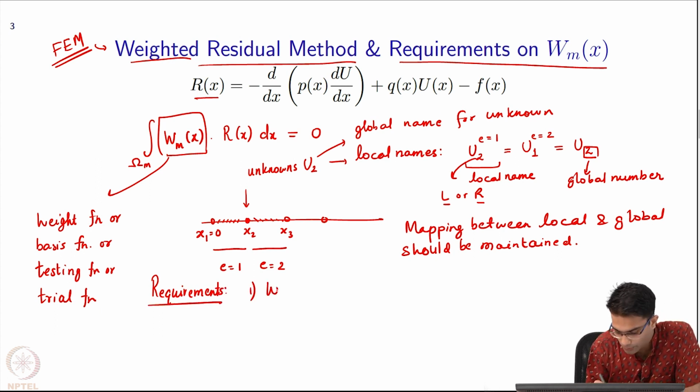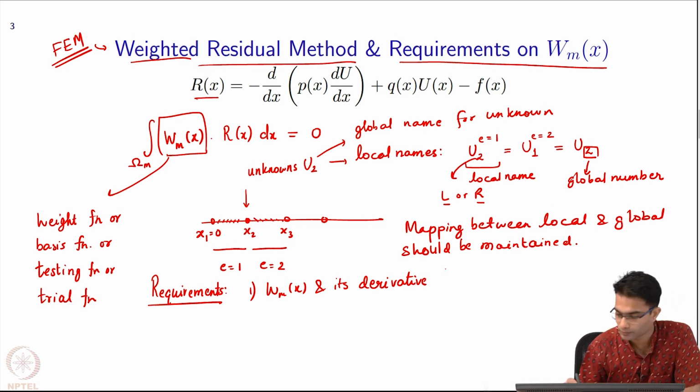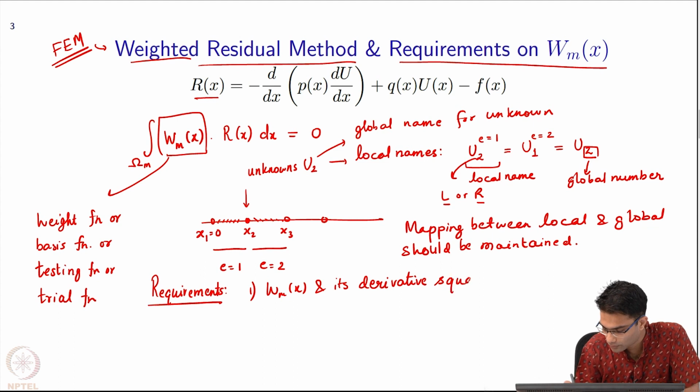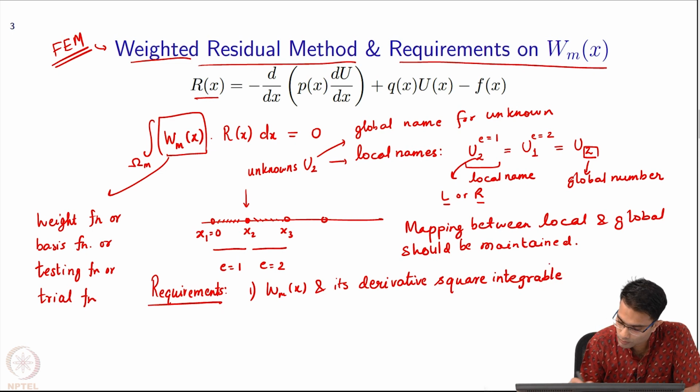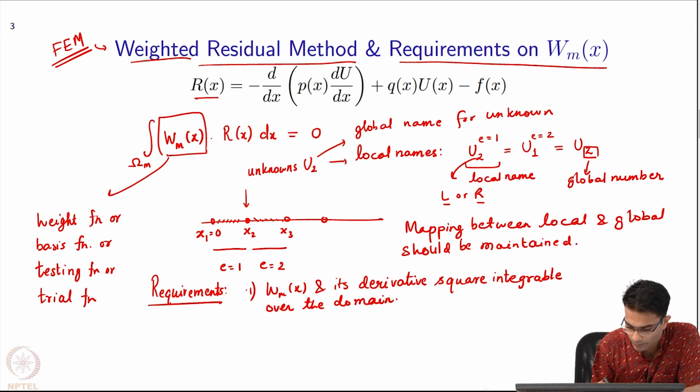WM(x) and its derivative should be square integrable over the domain. I mean, there's not two requirements, there's a requirement on u and its derivative. So what does it mean?